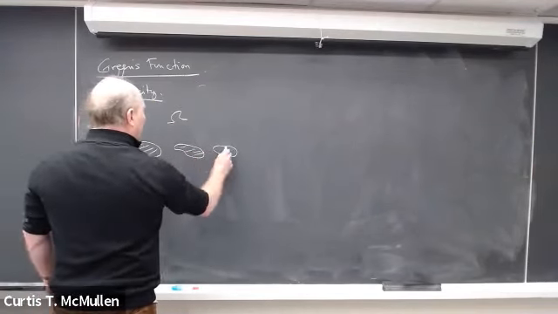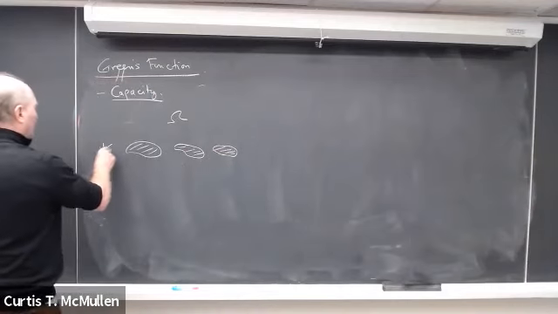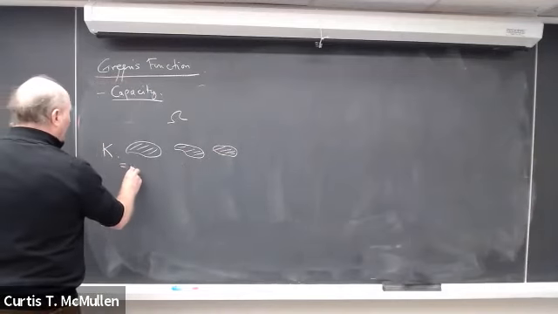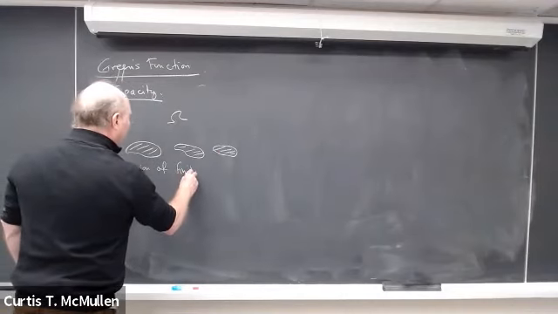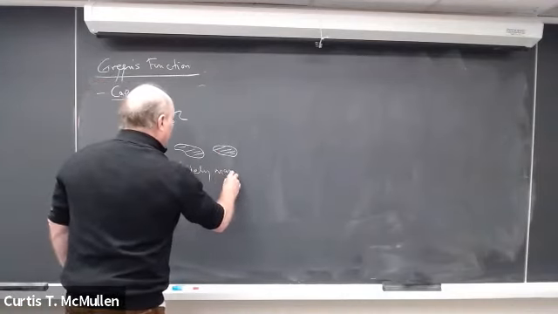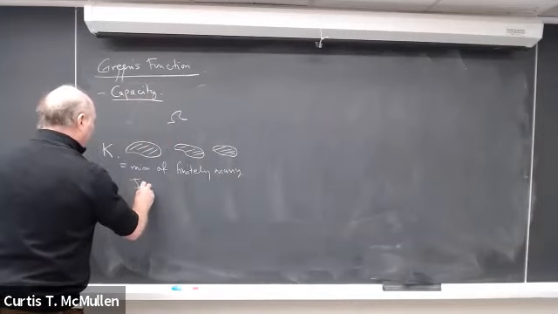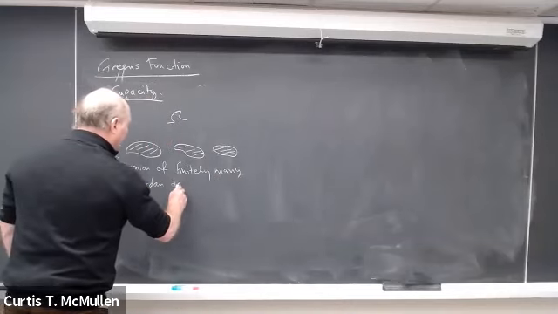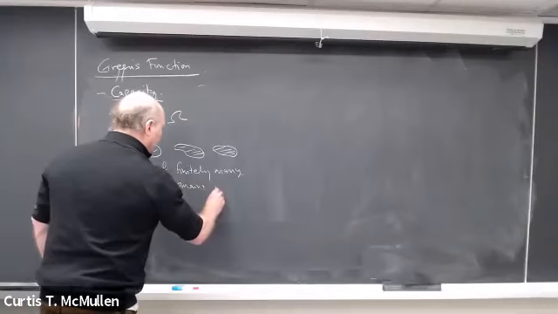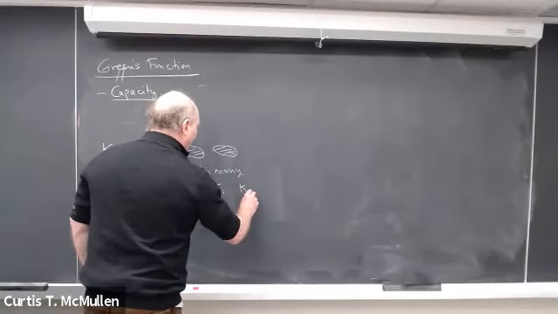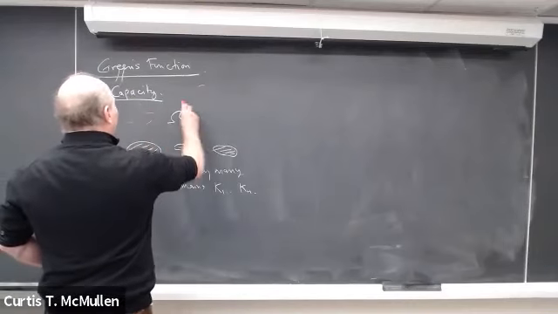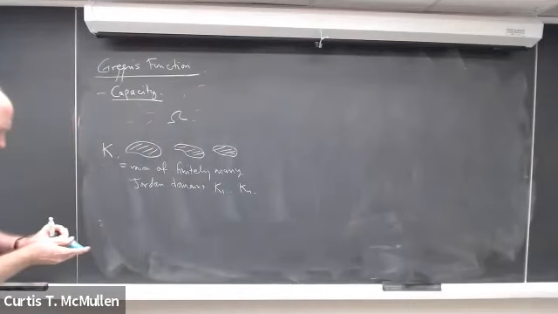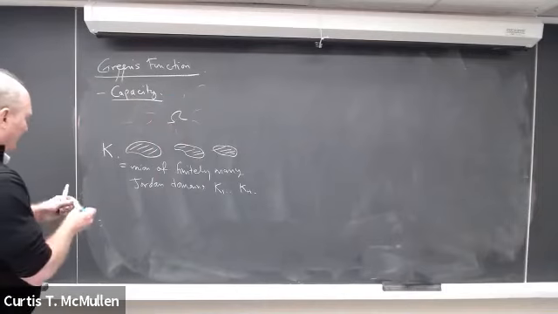And this compact set K will be the union of finitely many Jordan domains, K1 up to Kn. And then omega will be the outside of K, plus the point at infinity.